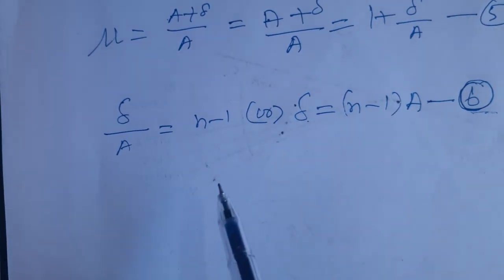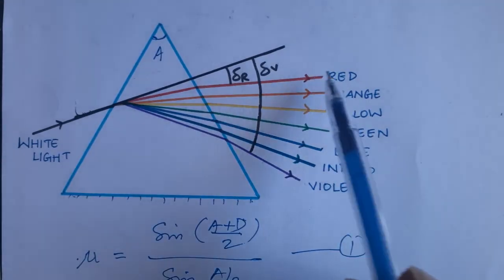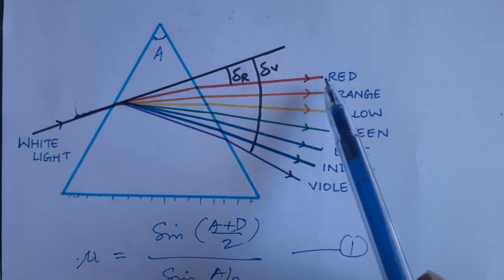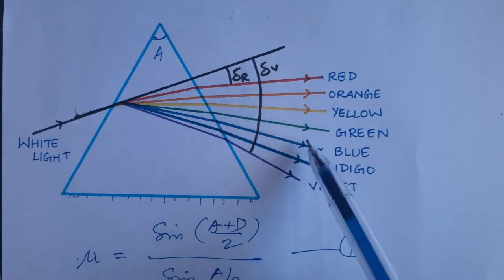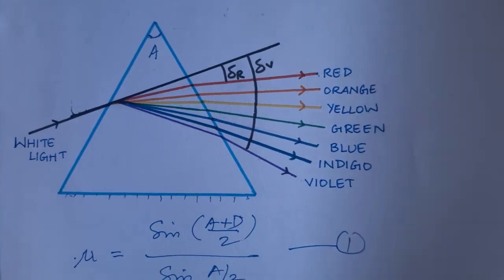When white light enters the prism, the deviation is different for various colors, and the refractive index is also different for different colors. Deviation is more for violet and less for red. The refractive index of violet is more when compared to that of red. The in-between colors take values in between violet and red.